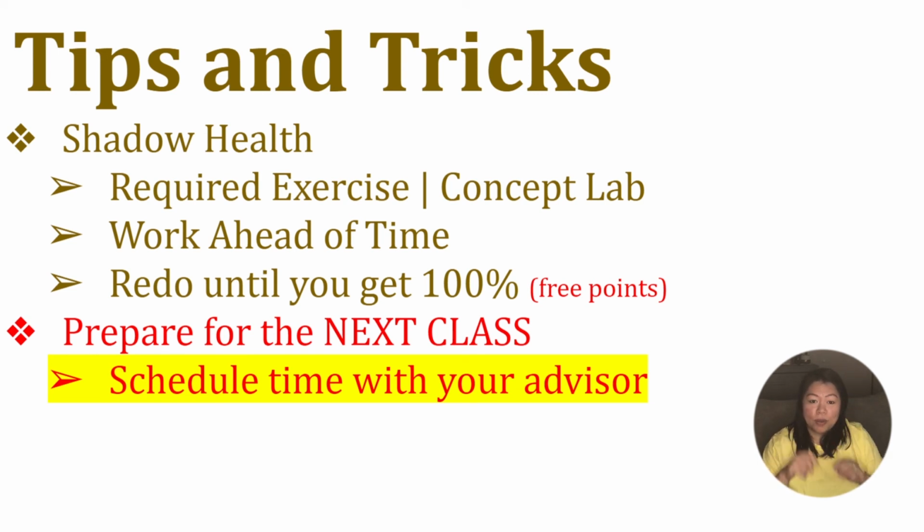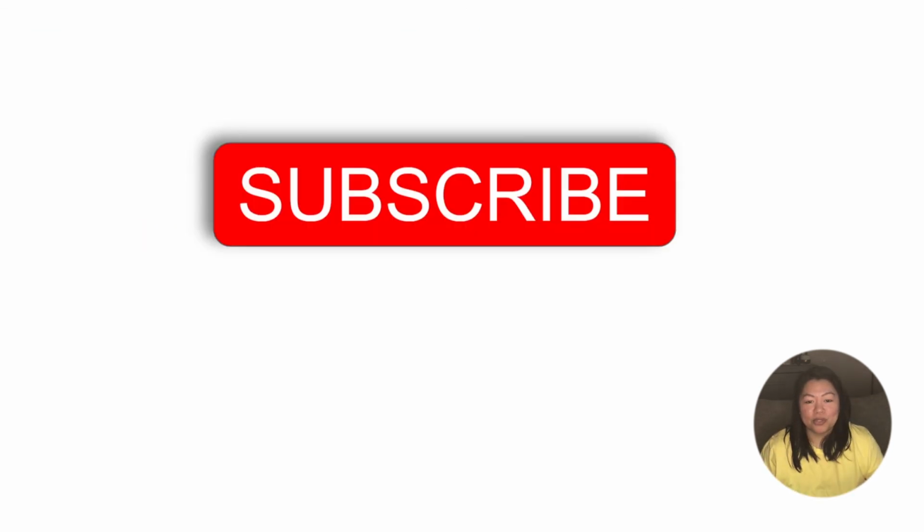Right now in week 9, you should be scheduling a time with your advisor, probably 2 or 3 days before the next class starts, just so you have that appointment and you're not waiting if you decided to drop a class or whatnot. So just schedule an appointment with your student advisor and talk to him or her about any plans for your future.